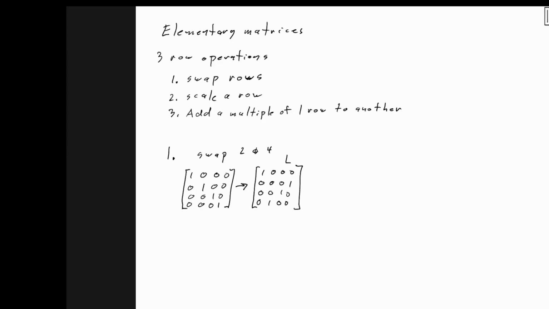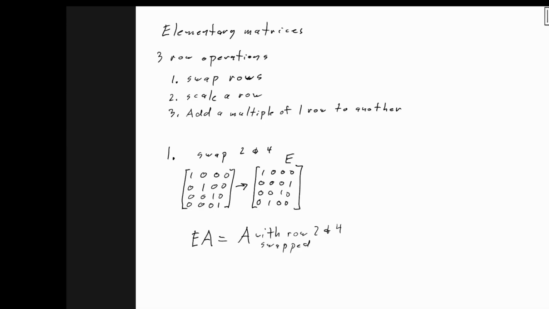This is our elementary matrix that represents swapping rows 2 and 4. And if I take E, this elementary matrix, times any 4x4 matrix A, what I get is A with rows 2 and 4 swapped.